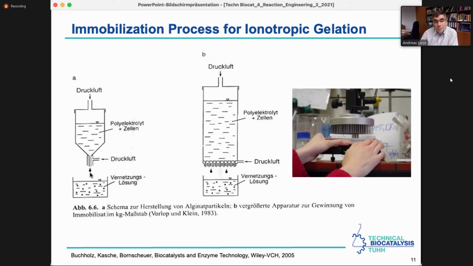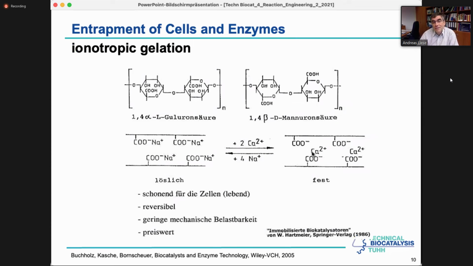The droplet size can be controlled by the pre-pressure and then the pressure that is cutting away these droplets coming out here, which determines the particle size, because this one is hardening in the calcium bath.